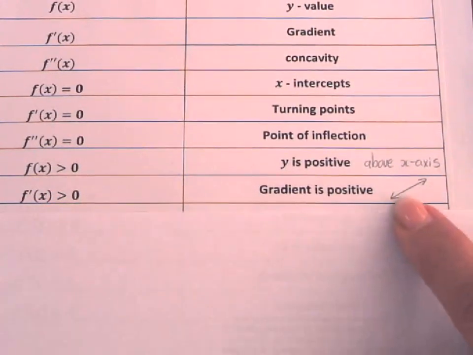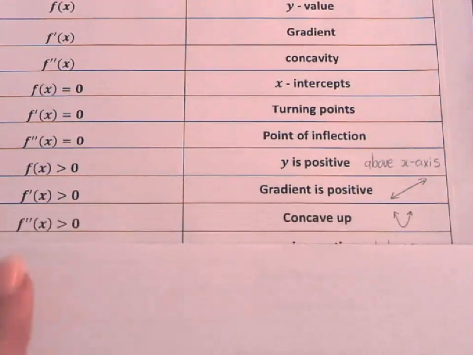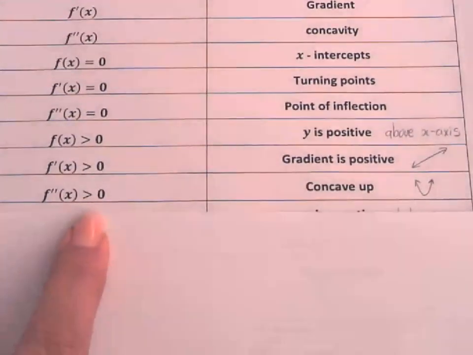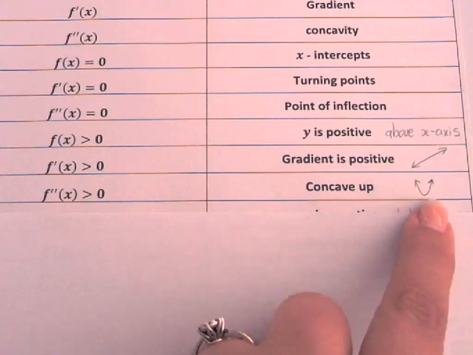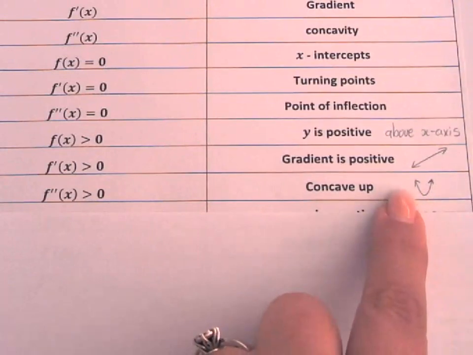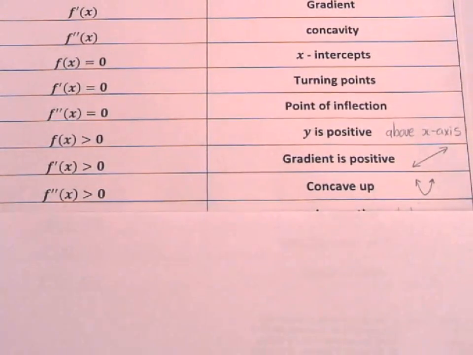The gradient is positive when the graph goes in this way. If the second derivative is larger than 0, it means it's concave up, so the picture will look like this. The bowl.